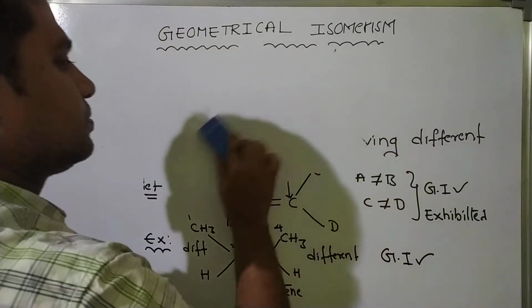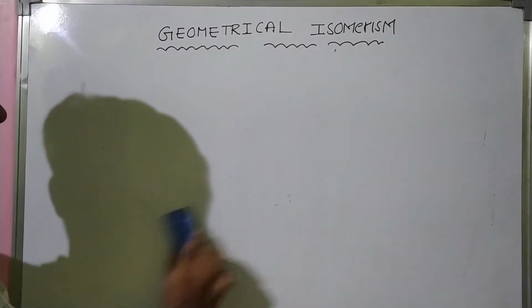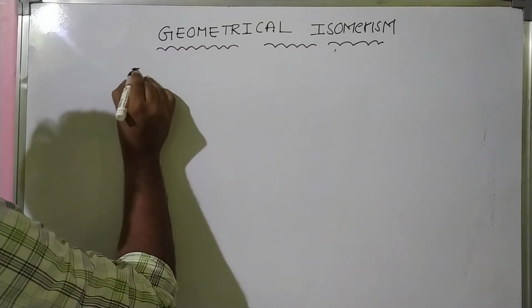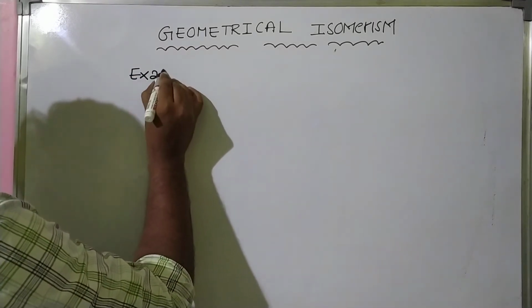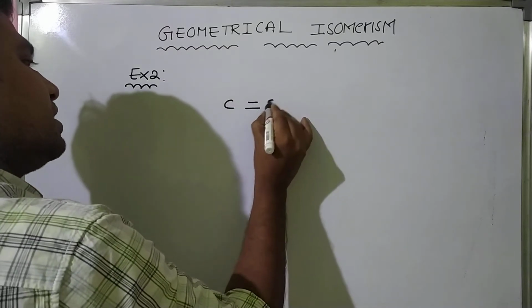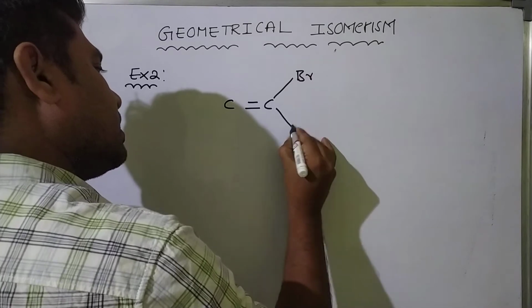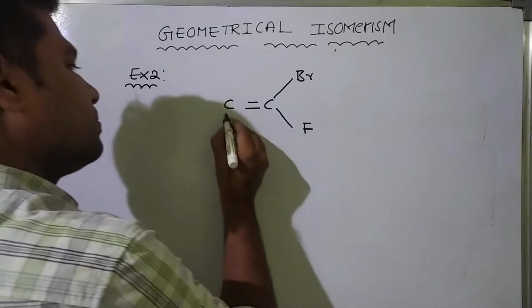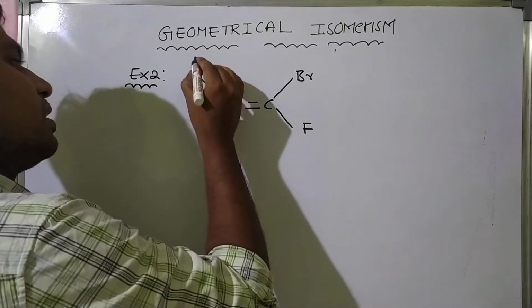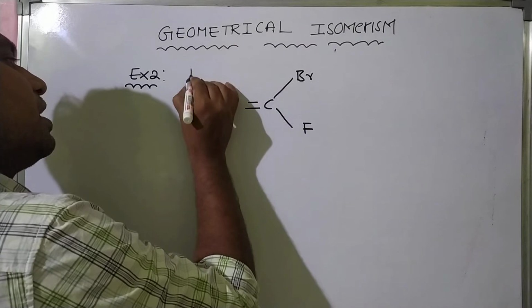Next, the second example. Now example 2. C double bond C, here a bromine atom, here a fluorine atom, here a chlorine atom, here a hydrogen atom.